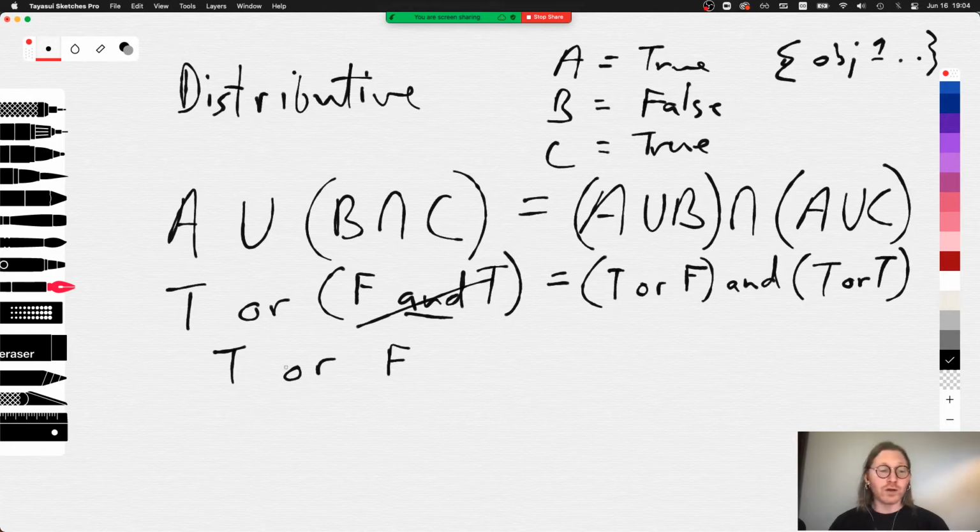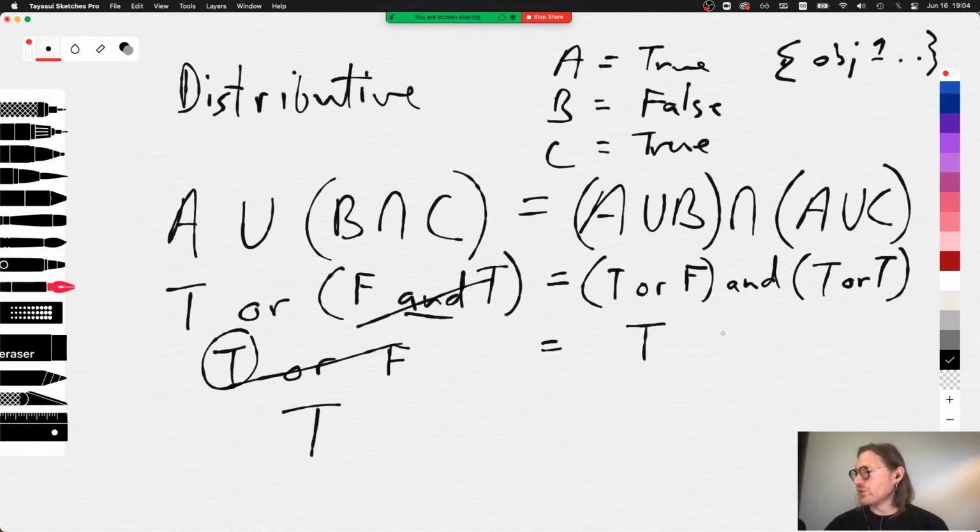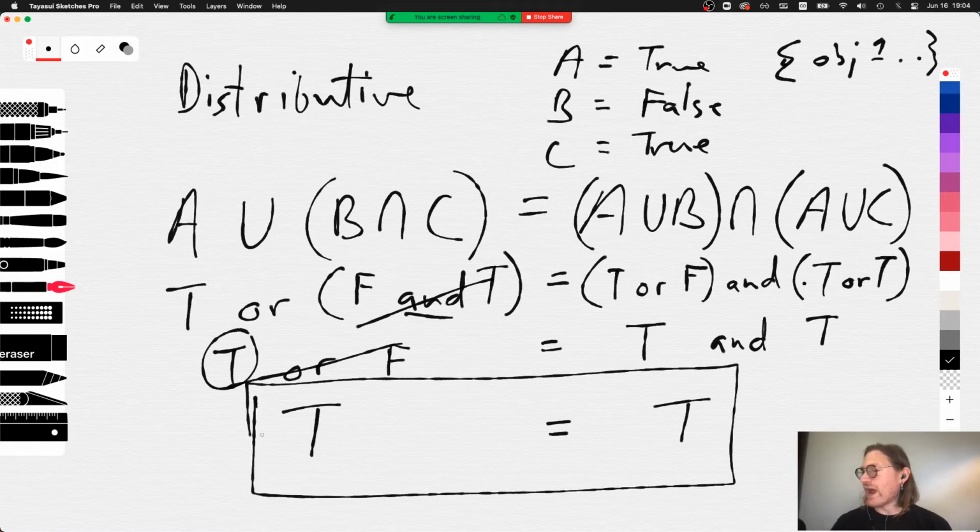For or, it has to be true on at least one side, and it is right here, so we can simplify that to true. If we walk through this, true or false right here is going to be true. It's going to be ANDed with true or true, which is true. True and true is true, and we can see that we have some verification of this distributive property.